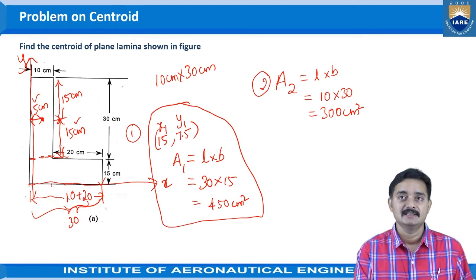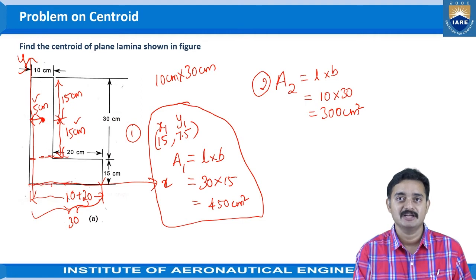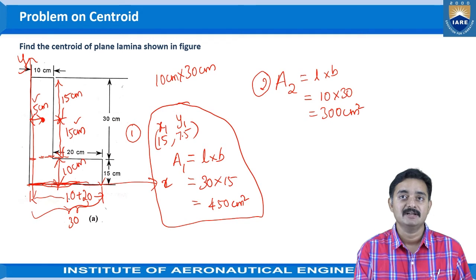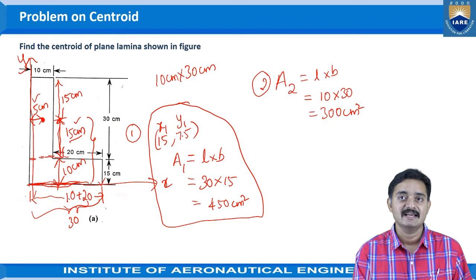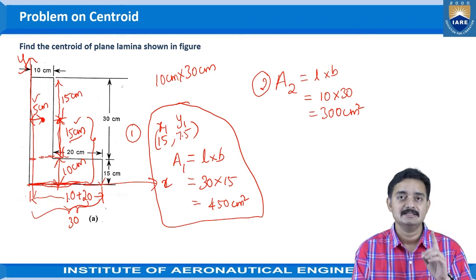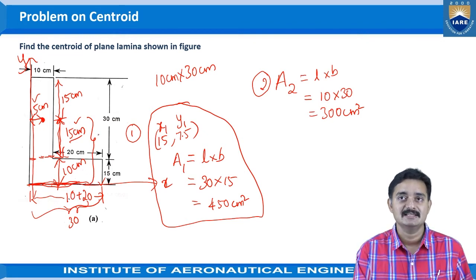For that, the distance of the centroid with respect to the x-axis which we have considered, that is the base of the object: it is already at a distance of 10 centimeters, and then further it is at a distance of 15 centimeters. So overall, from the x-axis, the distance of the second rectangle's centroid is 25 centimeters. This would be your y2, because it is the distance from the reference x-axis.